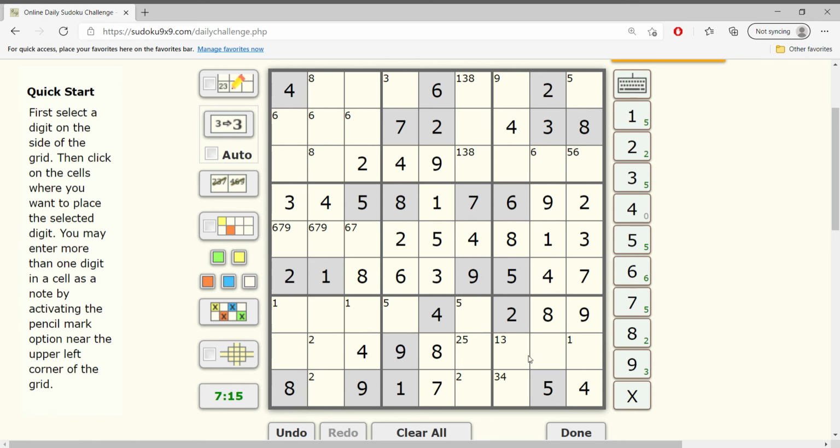Okay, so let's see what next. So 7 is flat, right? 7, 7, like this. So that means 7 is flat in this box like this. And do we know all the 4s? Yeah, we know all the 4s. Now, what is happening in this box?